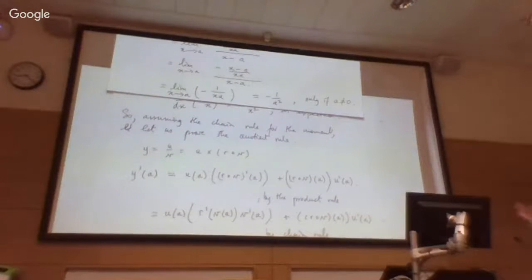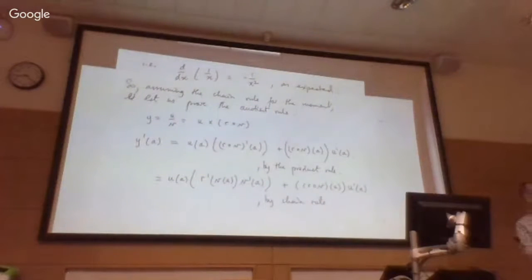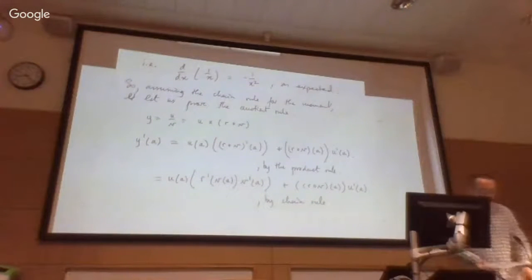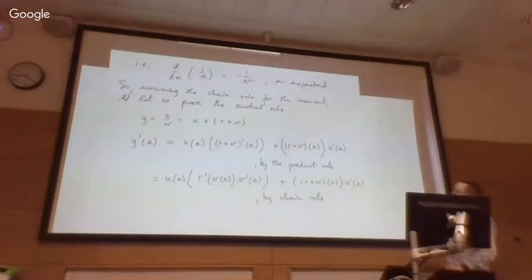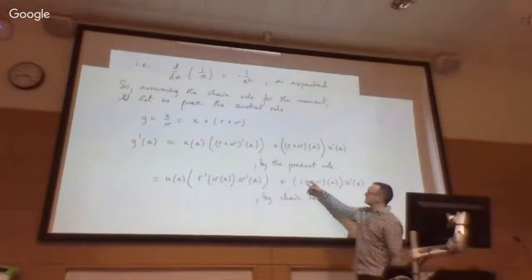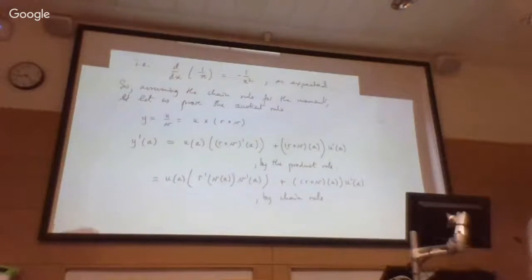Again, it just looks like a complicated mess at the moment. It doesn't really look like the result of the quotient rule that we're familiar with. But we're free now to bring in the definition of the function r and the definition of its derivative. So this is u of a.